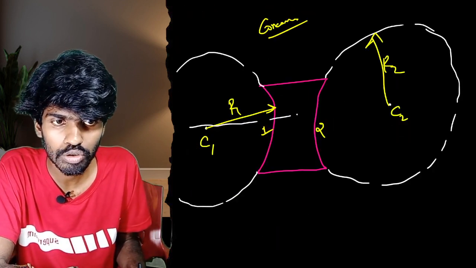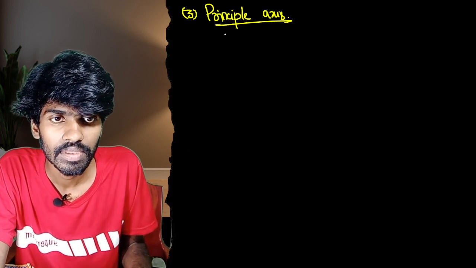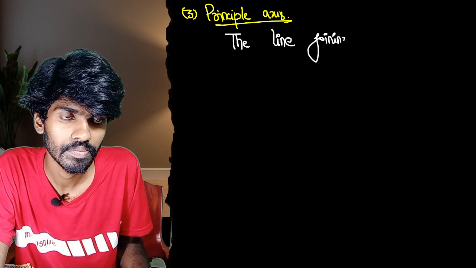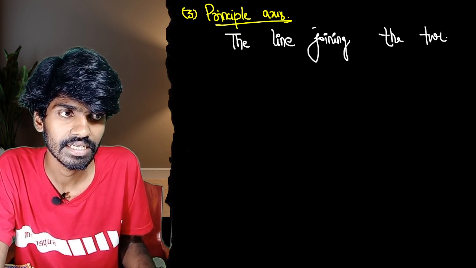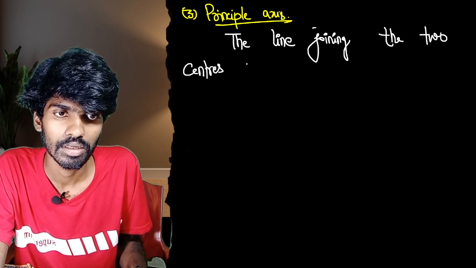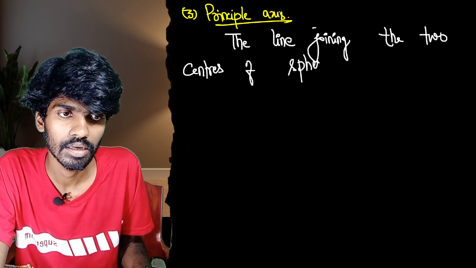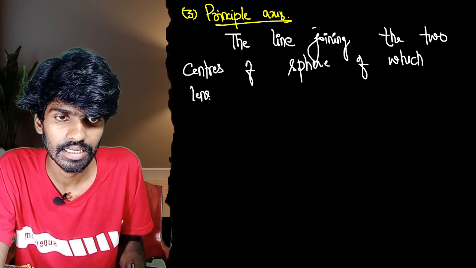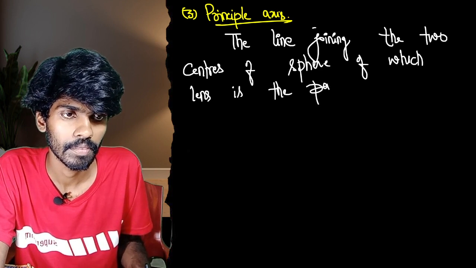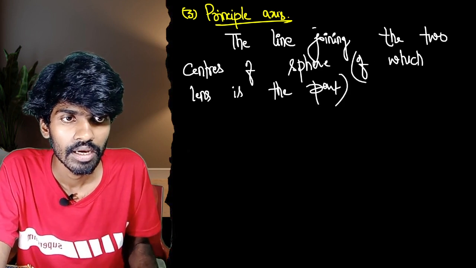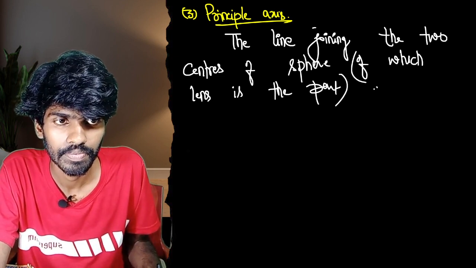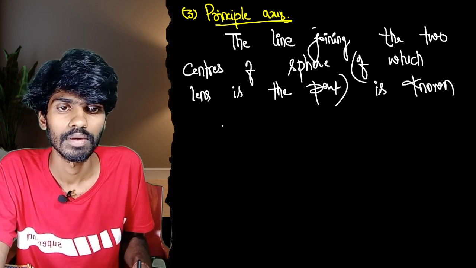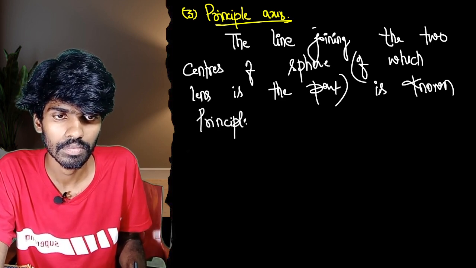Similarly for this also you can say: the line joining the two centers of the spheres, of which the lens is a part, you can write in parenthesis, is known as principal axis.